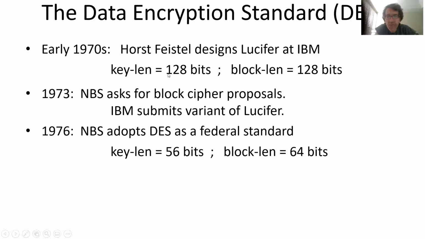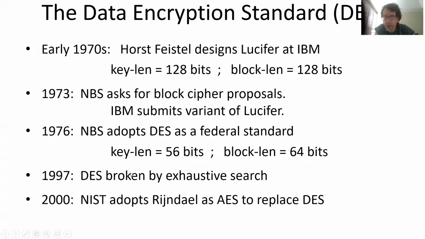It had big bit lengths and blocks, and the National Bureau of Standards scaled it down, and that was an endlessly controversial decision. The belief is that they wanted to scale it down so that it's good enough that it cannot be broken by others, but perhaps it can be broken by them.